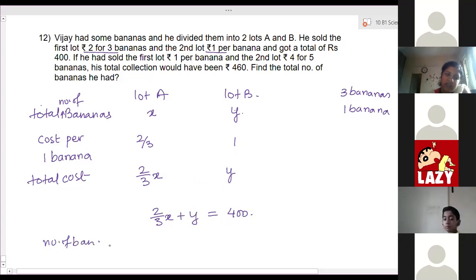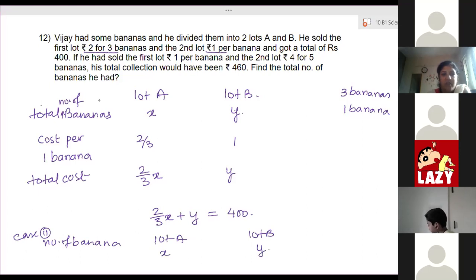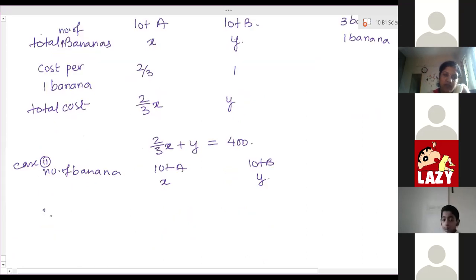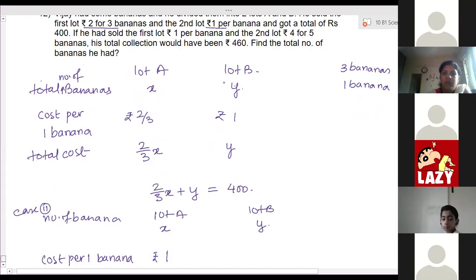Now, second condition, case 2. Lot A and lot B, so X and Y bananas, right? Now, he sold the first lot at ₹1 per banana, so lot A is ₹1 per banana, and lot B at ₹4 for 5 bananas.